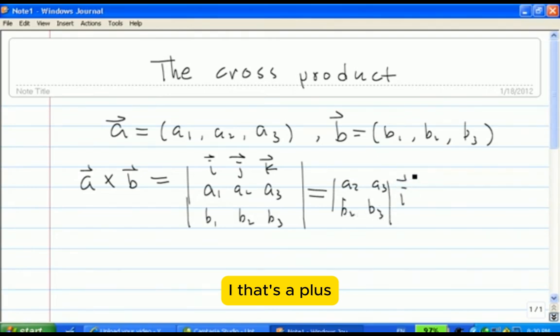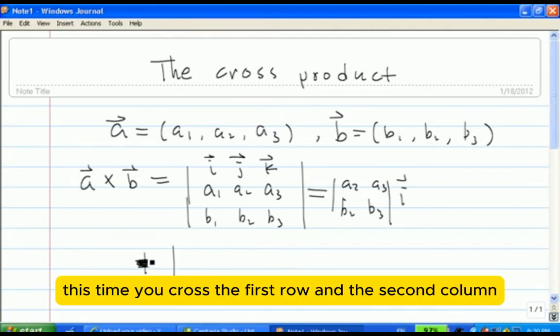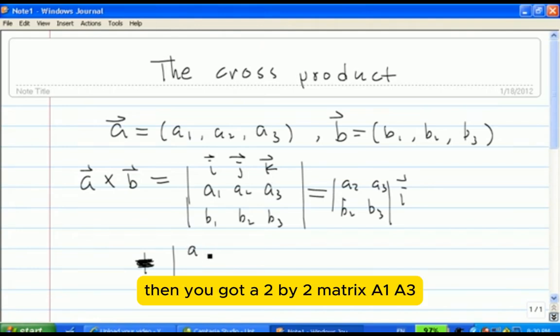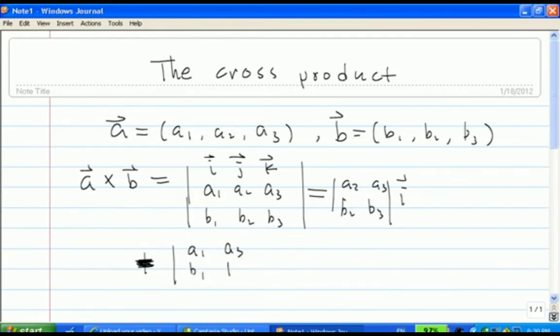I, that's a plus, a minus. This time you cross the first row and the second column, then you get a 2 by 2 matrix: A1, A3, B1, B3.